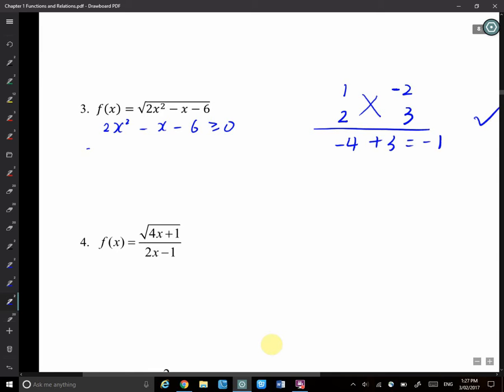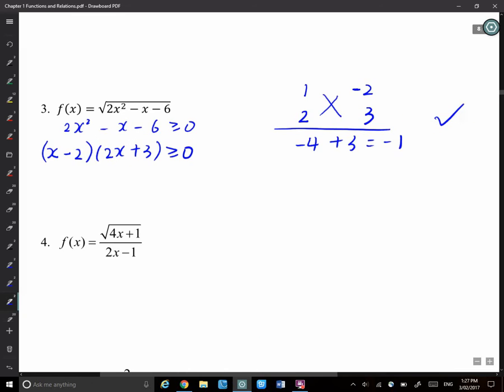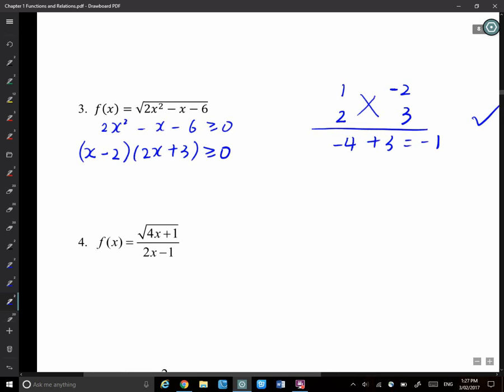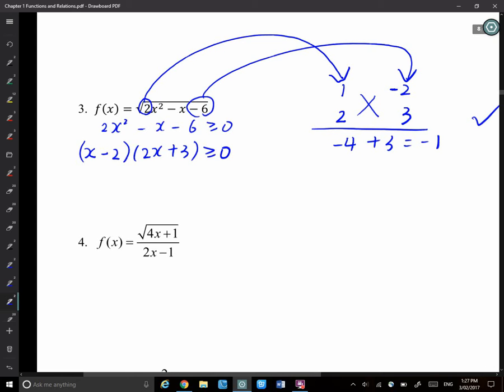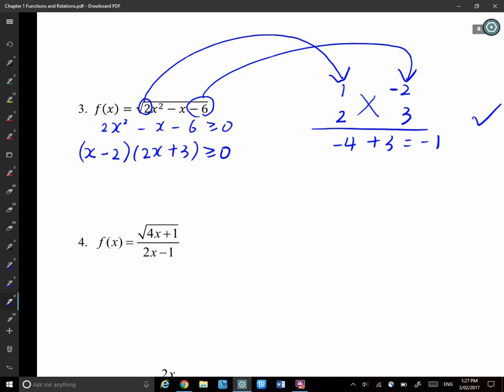So I will factorize that as x minus 2 and 2x plus 3, greater or equal to 0. So that's this coefficient, and this coefficient gives you this. Which two numbers can make the coefficient? Okay, that's this method.